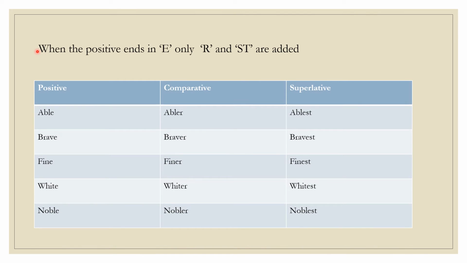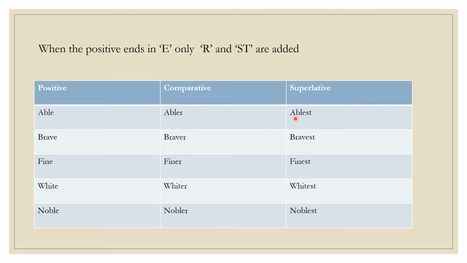When the positive ends in E, only R and ST are added. Look at this table: positive, comparative, superlative. The word in the positive is able. It ends in E. So you will add only R and ST, R in the comparative and ST in order to make the superlative. So the word is able. In the comparative, it will become abler.